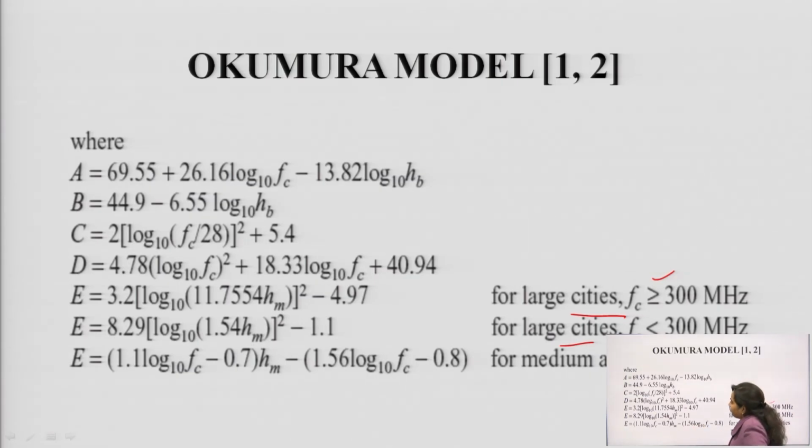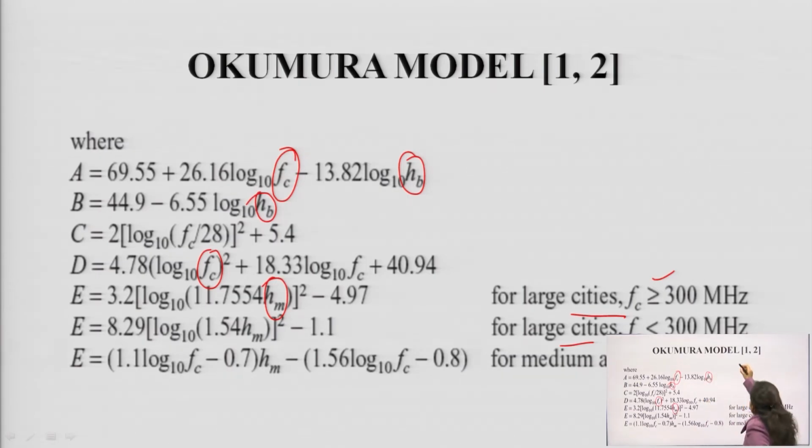In this case the A parameter is calculated by 69.5 plus this term, where Fc will be there, plus Hb. Now, Hb is the height of the base station antenna. The B parameter will be calculated using this Hb, the height of the base station antenna again. Fc is the frequency range that you are using, Hm is the height of the mobile.